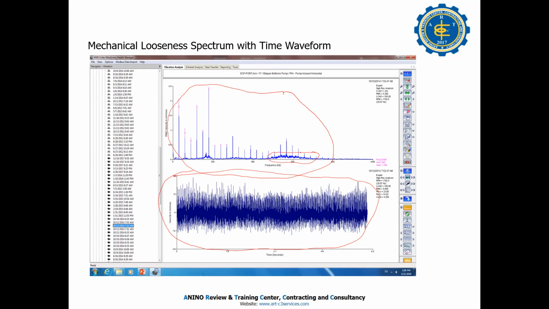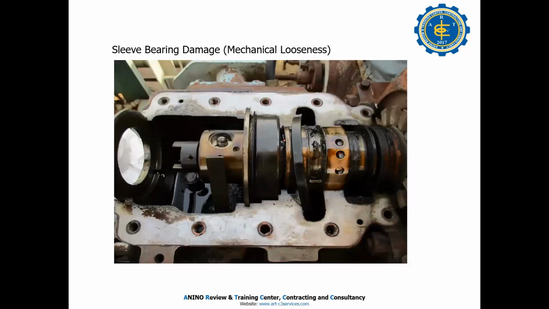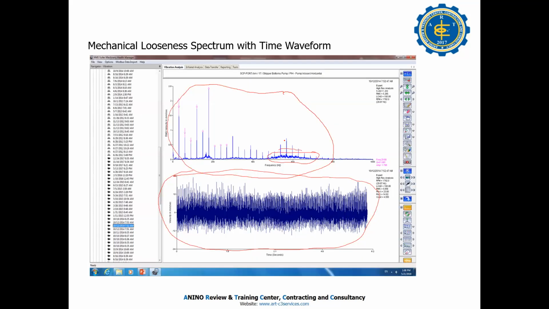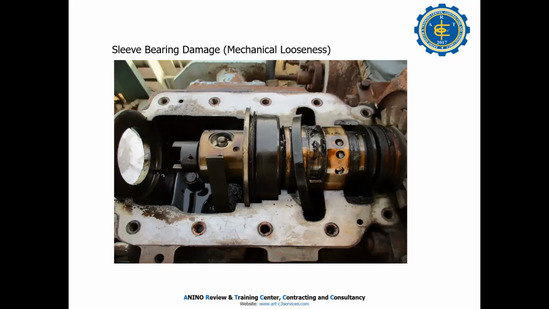This one is a sleeve bearing, damaged already. I am the one who took the reading, and I also got the temperature. The temperature here is 110 degrees.